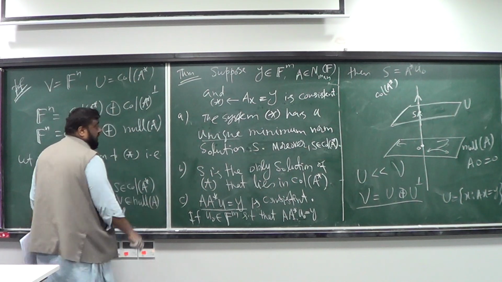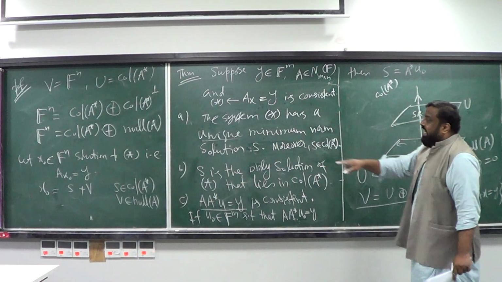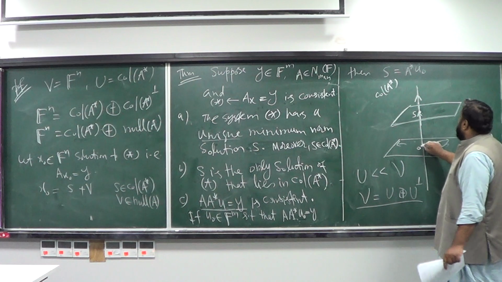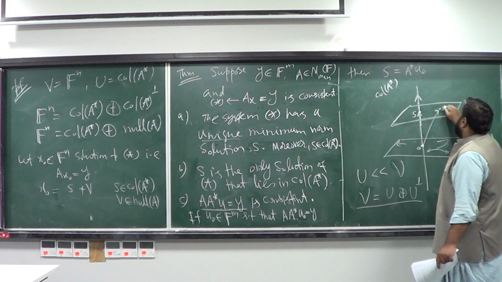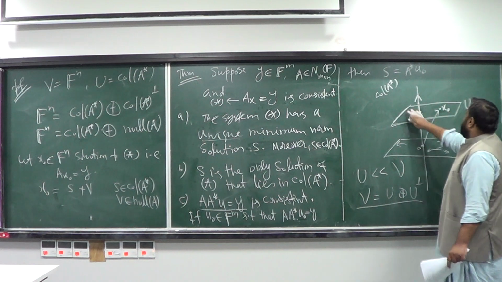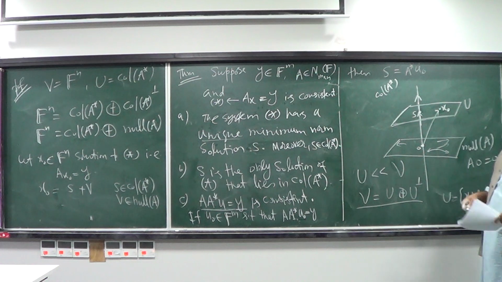Imagine this x naught is like a vector, the collection of all vectors that solve the system star.